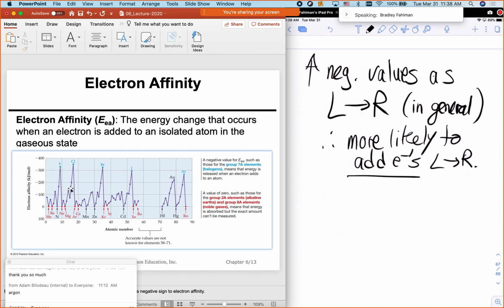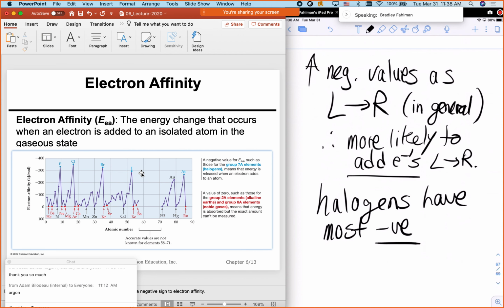These ones are going up pretty linear, a similar trend to ionization energy maybe. But the ones that are always at the highest now are the halogens, which will have the most negative electron affinity values.